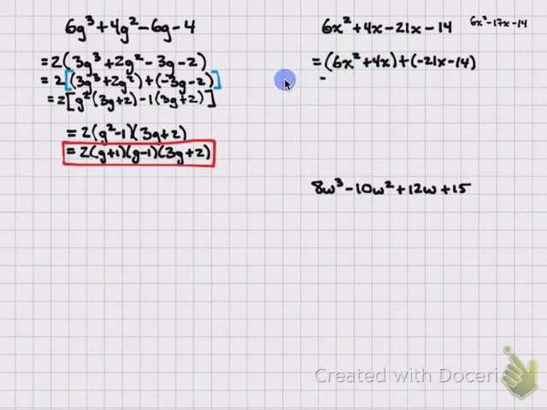So we've got 2x times the quantity of 3x plus 2. Second grouping, we could factor out a 7, but I think even better is a negative 7. So minus 7 times the quantity of 3x plus 2. Awesome. I'm noticing that we've got a 3x plus 2 and another 3x plus 2, meaning our final factorization will be 2x minus 7 times the quantity of 3x plus 2. Groovy.